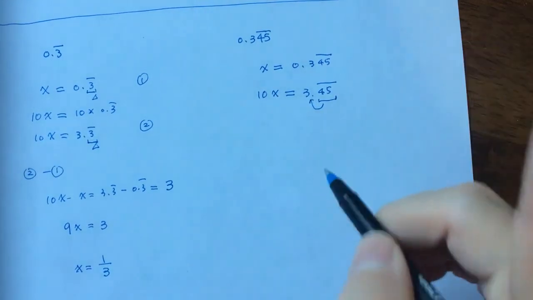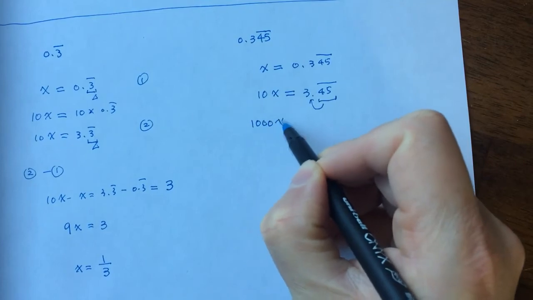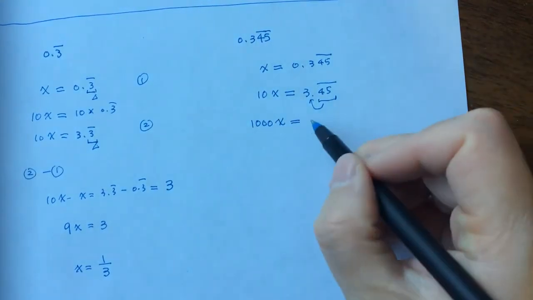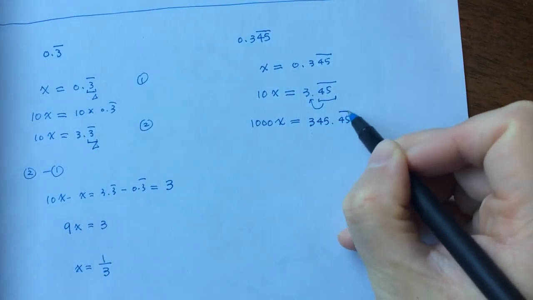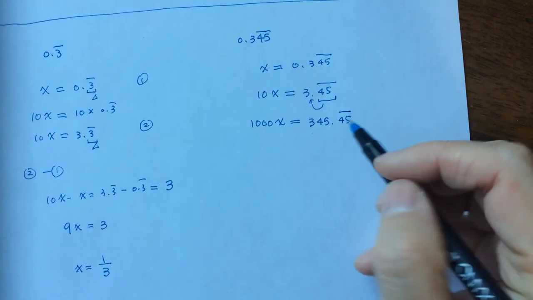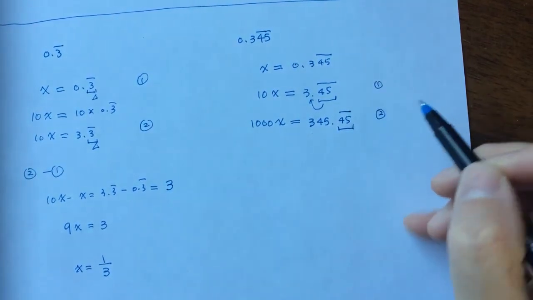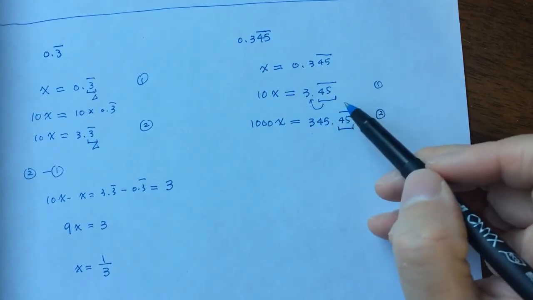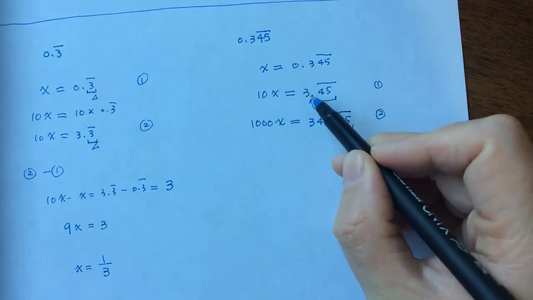And then if we do one more time, let's say we multiply by 1,000. I'm going to explain later why we multiply by 1,000. Then what you have is 345.45 repeating on 45. Now if you look at these two, this is 1, this is 2. They have exactly the same repeating decimals, with exactly the same number of repeating blocks, all behind the decimal point.